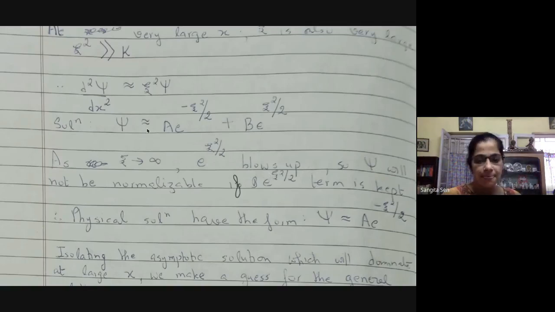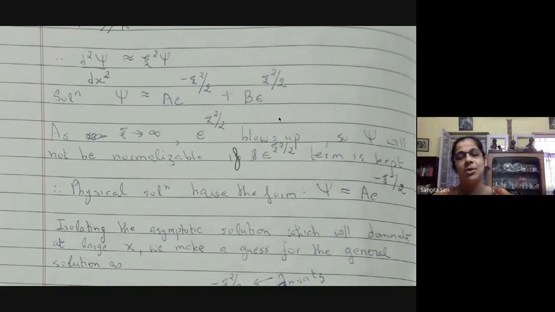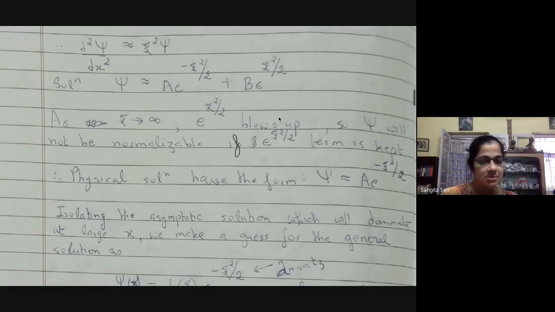Here, from the mathematical solution, we have two terms: one which decays as xi increases, and one which blows up. From your experience with other problems, you must have realized that the wave function must decay at large values of xi, or x, or whatever is the variable, in order for it to be normalizable. That is quite expected.